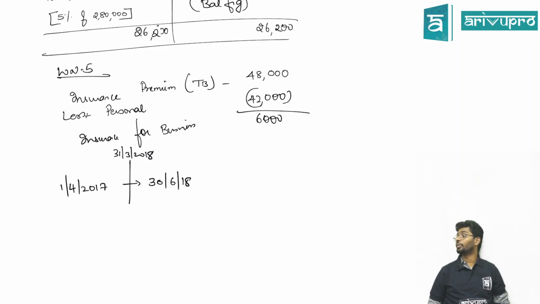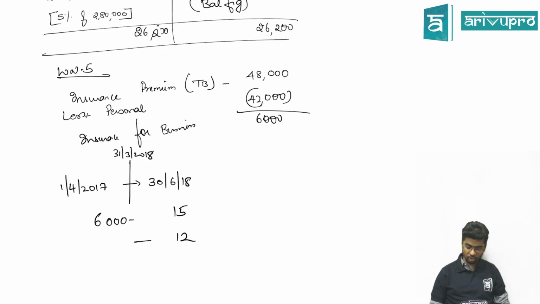I have paid how many months more? Are you clear? How many of you guys got this right? Insurance adjustment. 6,000 rupees, it is for 15 months. So we know 6,000 is for 15 months. I am only concerned about how many months? 12 months. So how much will it be for 12 months?